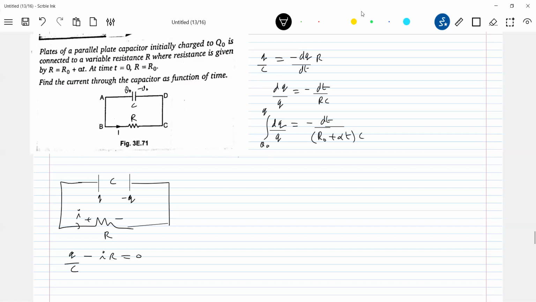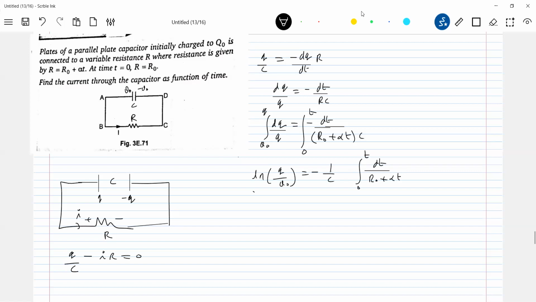So this will be log of Q by Q naught equals the integral of, I think C will come outside, 1 by C dt over R naught plus alpha t, from 0 to t.